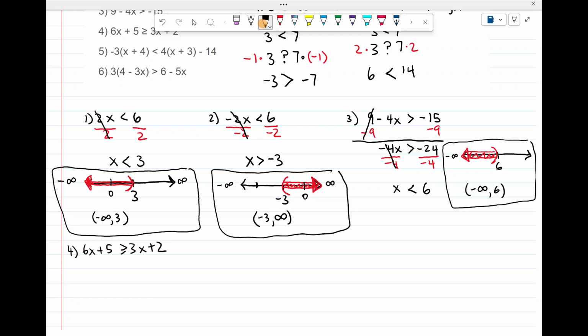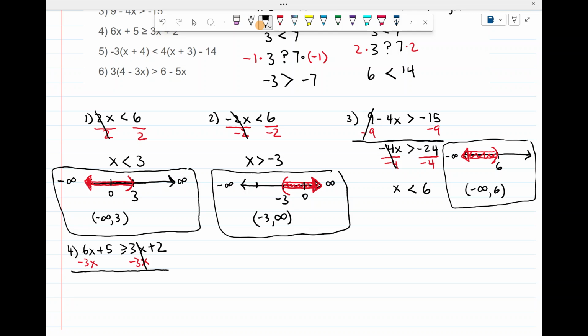What I like to do is always get rid of the smaller variable term as my first step. The reason why is that helps me avoid negative numbers. So I'm going to get rid of the 3x since that is smaller than 6x, and I subtract 3x from both sides. When I put the minus 3x on the left-hand side, I make sure I put it underneath the like term, which is the 6x.